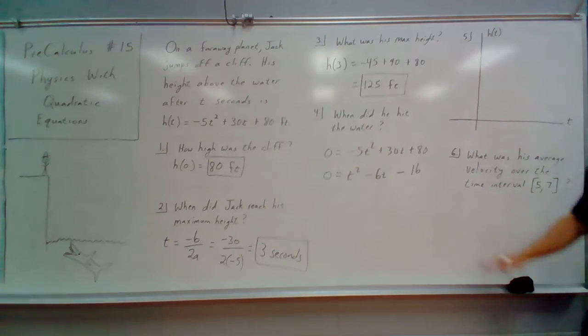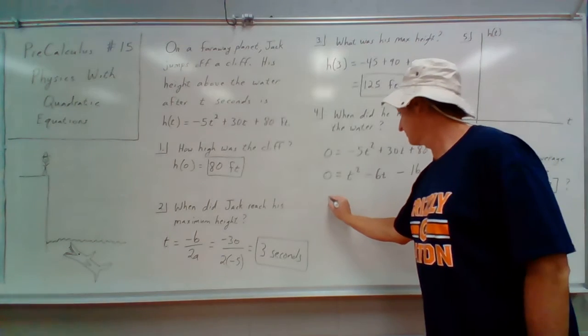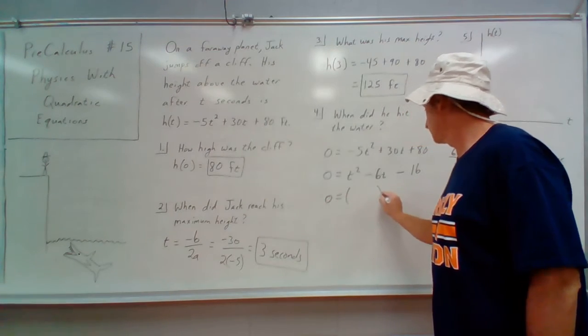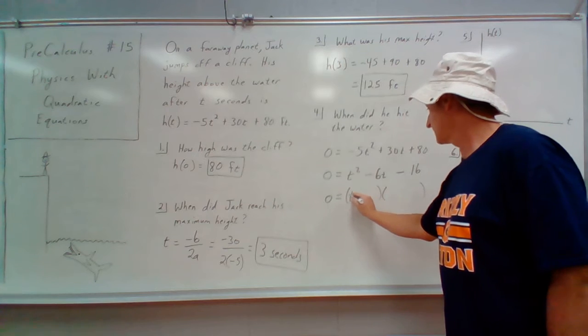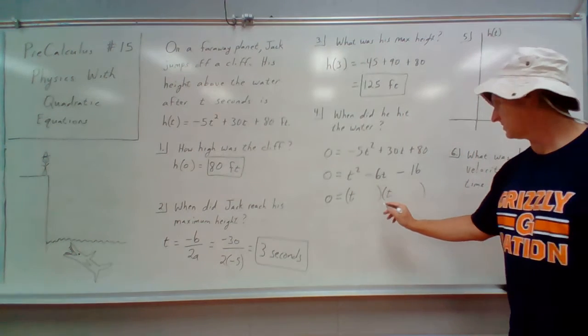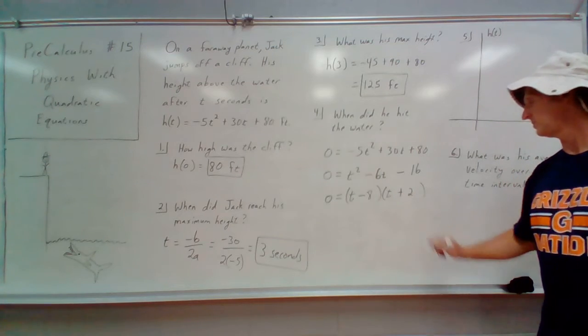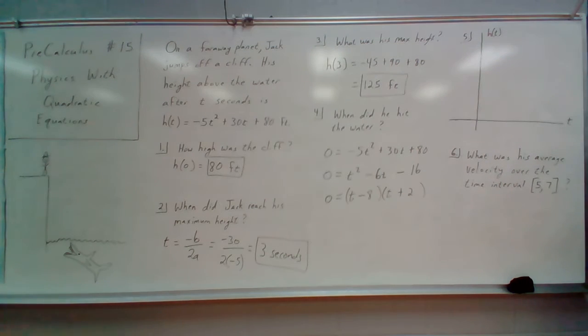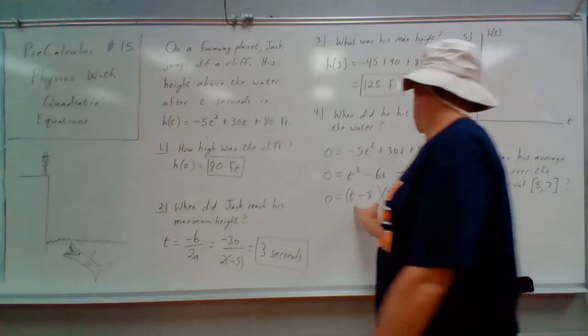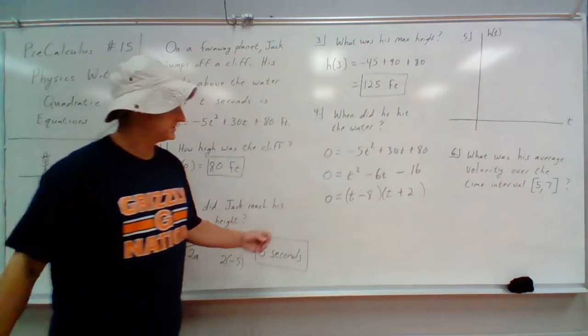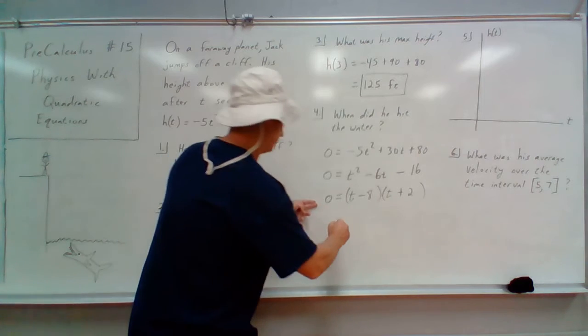All right, this will factor. So 0 is equal to, looks like it'll factor into t minus 8 and t plus 2. 2 minus 8 is negative 6. Negative 8 times 2 is negative 16. If you multiply two numbers together and the answer is 0, then either of those could be 0.